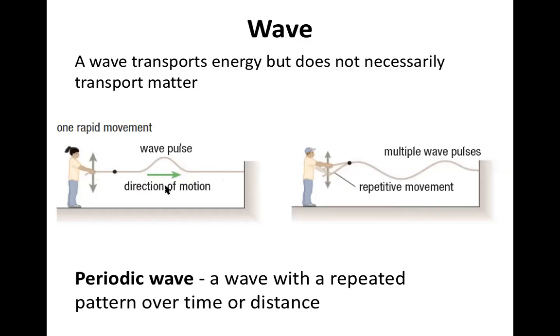The direction of the energy transfer is to the right, but the particle motion is up and down. Over here we have the same scenario, except there is continuous motion of the person's hand. So that's a wave pulse versus a periodic wave. A periodic wave is a wave with a repeated pattern over time or distance.